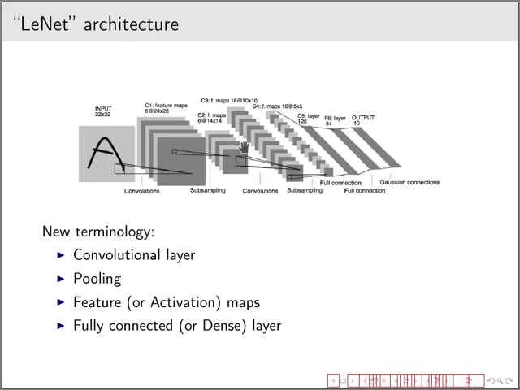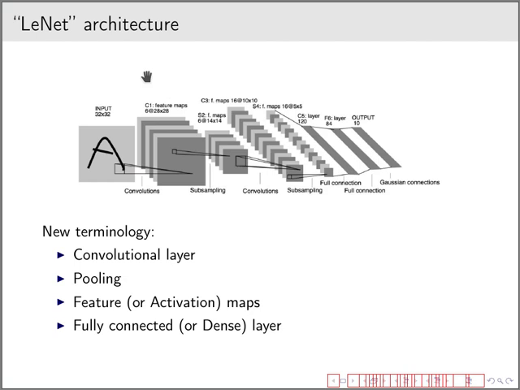This, as I'm showing you in this slide, is a convolutional neural network architecture. These are also called CNNs, where C stands for convolutional and NN for neural network. And it is known as the LeNet architecture. I mentioned it in the first video.